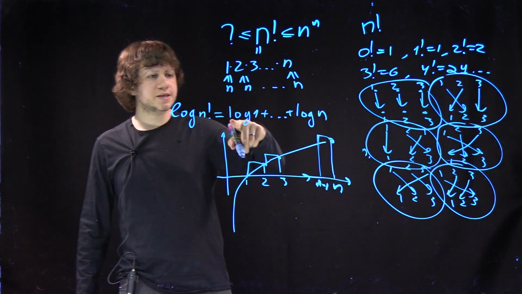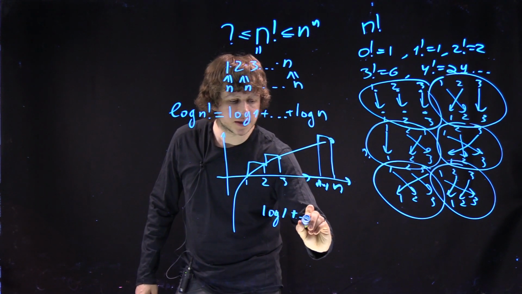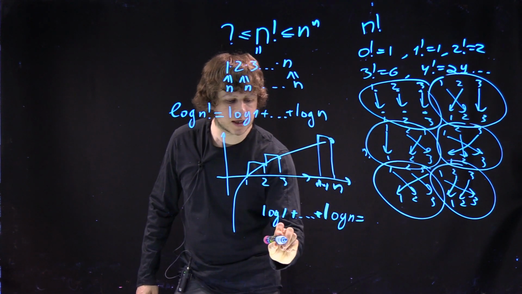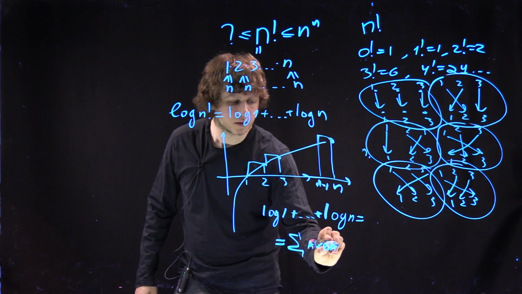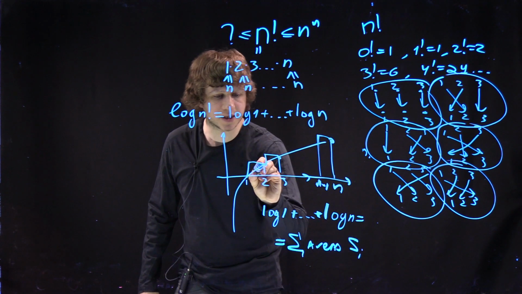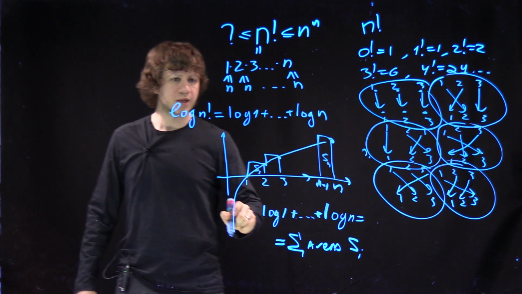Then we see that logarithm 1 plus logarithm 2 plus and so on plus logarithm n is actually the sum of areas of rectangles, let's say S1 up to Sn, just because each of them is 1 times logarithm.